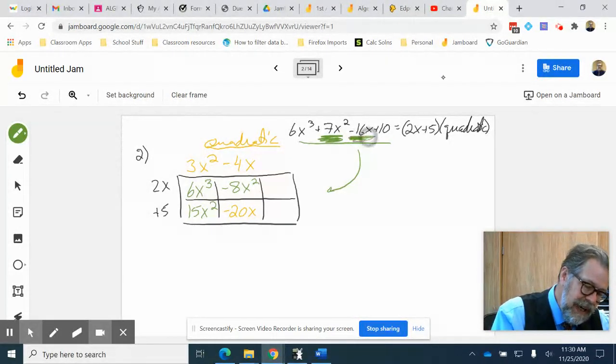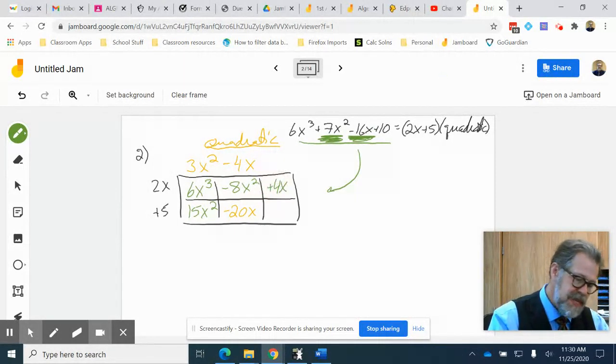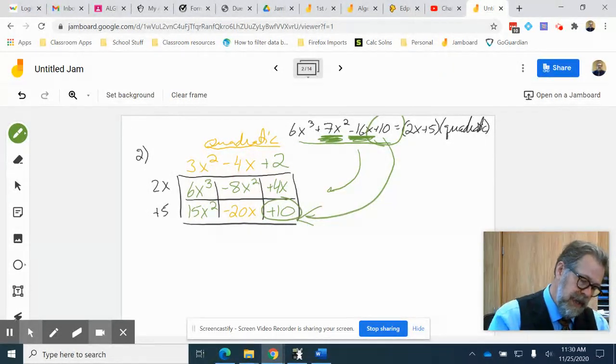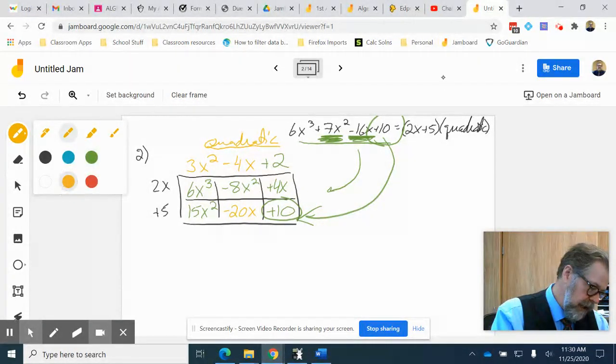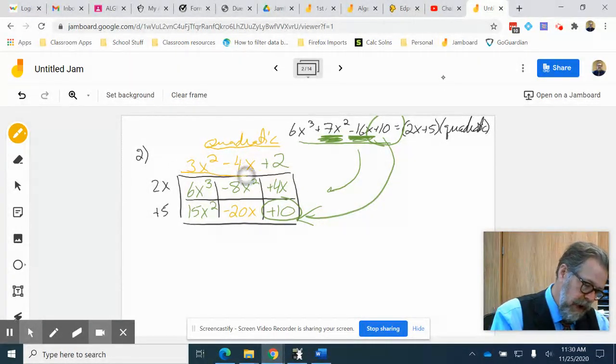I need a total of negative 16, which means that this has to be a plus 4x. 2 times 2 is 4x, multiplying down, plus 10, and there's my check digit, tells me that yes, in fact, this goes in evenly. And once again, I'm sorry for the colors having switched back and forth randomly, I just forgot to keep changing back.